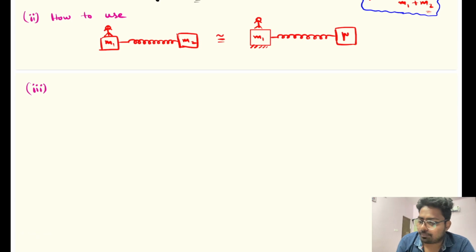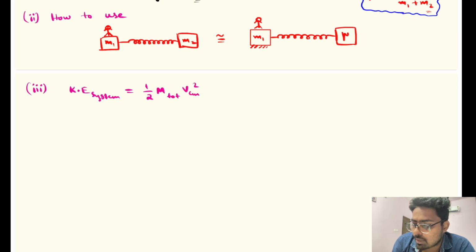So then here the third one: the kinetic energy of the system when a two particle system is there. Remember, kinetic energy of the system can be written as half into total mass m total into VCM square plus half into reduced mass into V relative square. Okay, so if you want, you guys can derive this formula.